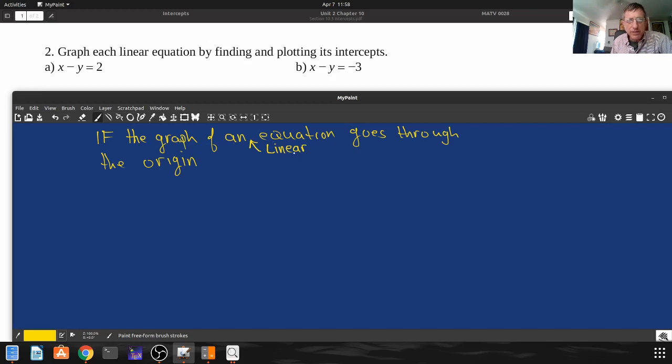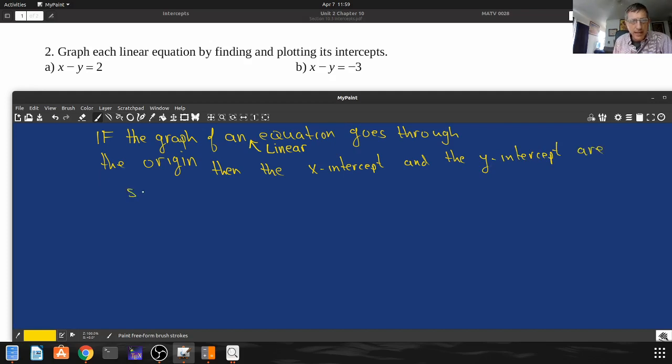So if the graph of a linear equation goes through the origin, then the x-intercept and the y-intercept are the same.